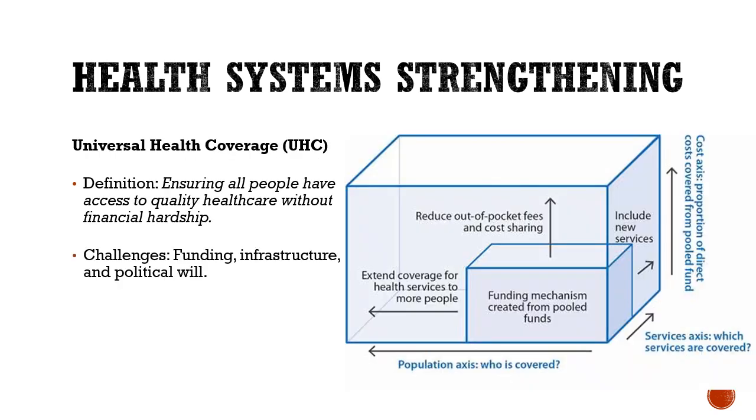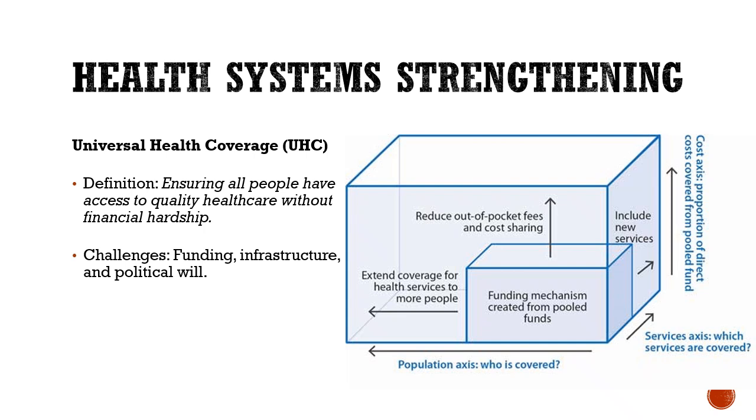Universal health coverage, or UHC, means that all people can access quality healthcare without financial hardship. It is a central goal of the World Health Organization. However, achieving UHC is not easy. Barriers include inadequate funding, weak infrastructure, and lack of political commitment.